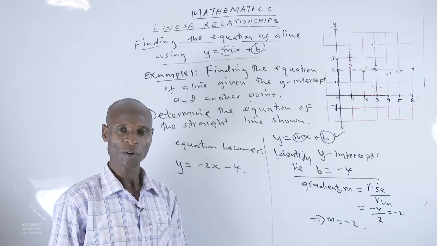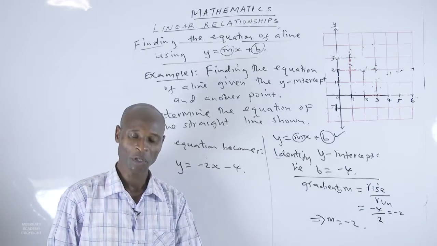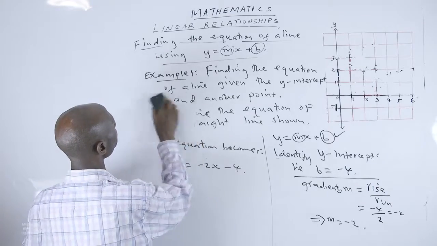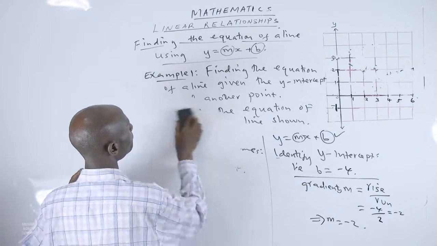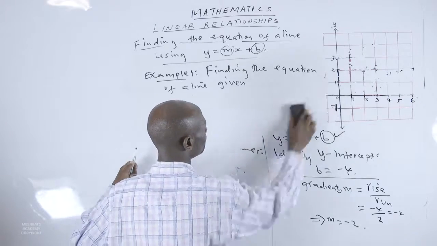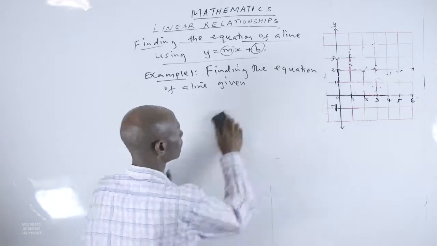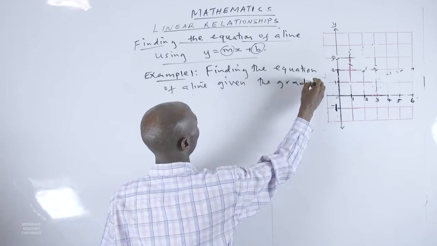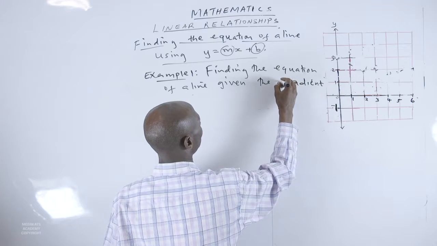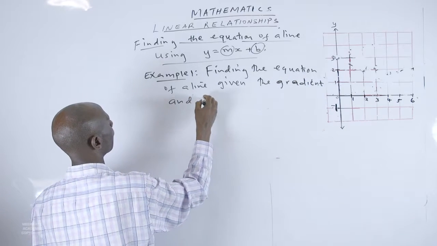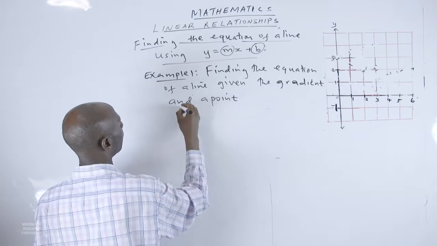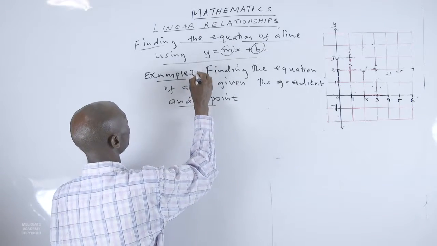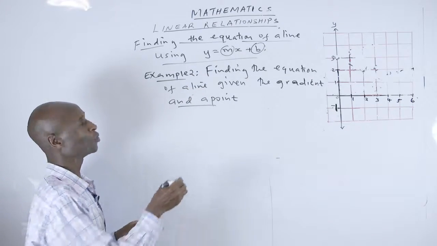Then in our last example, we wish to find the equation of a line given the gradient and a point. That will be our example 2.